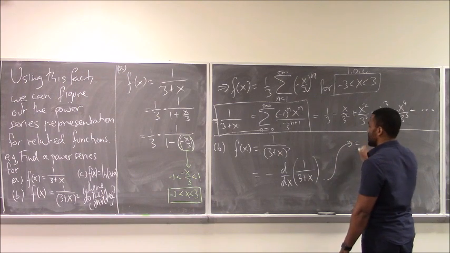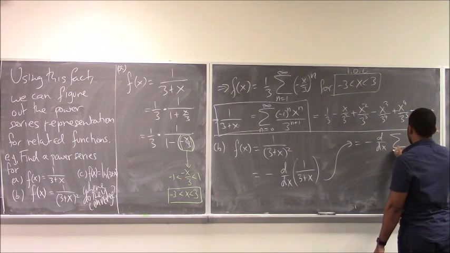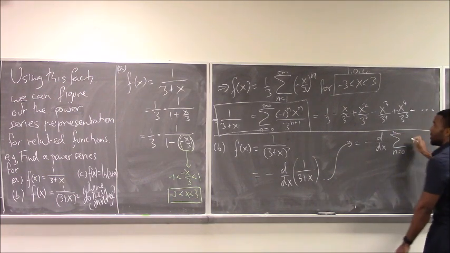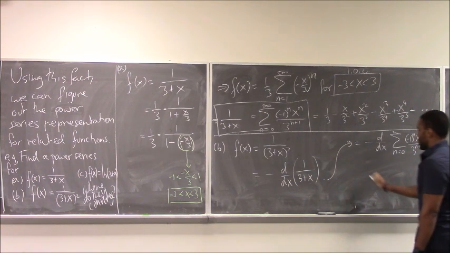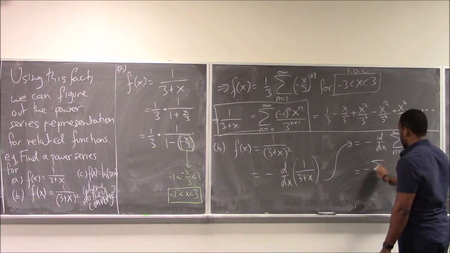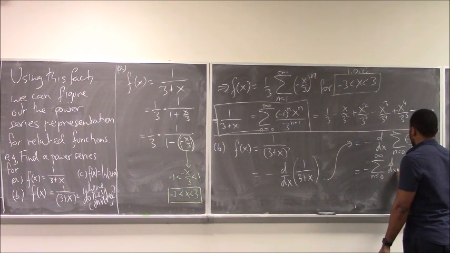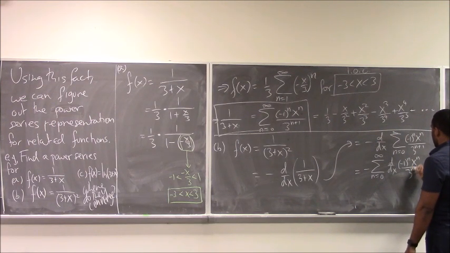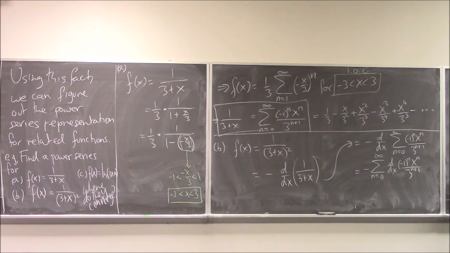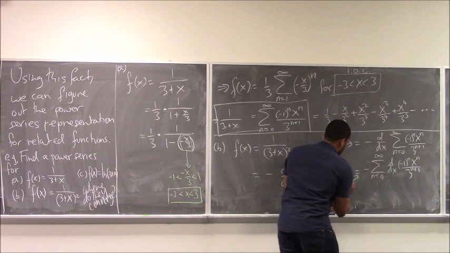So that's going to be equal to negative the derivative of this, and this works because of absolute convergence.